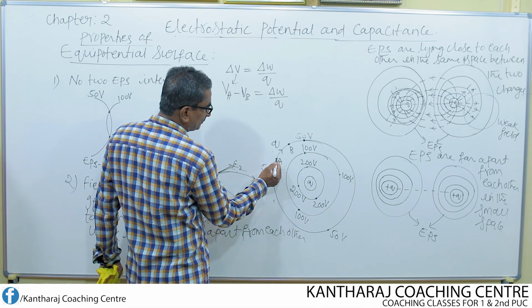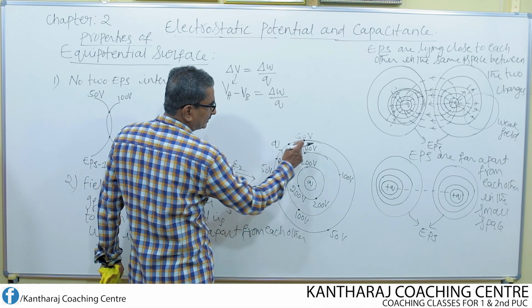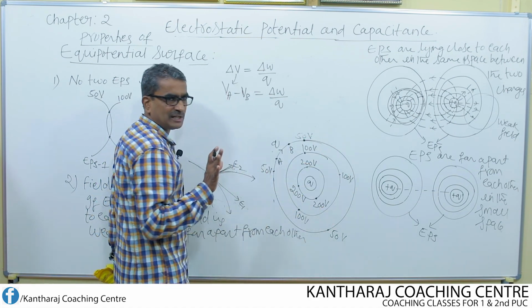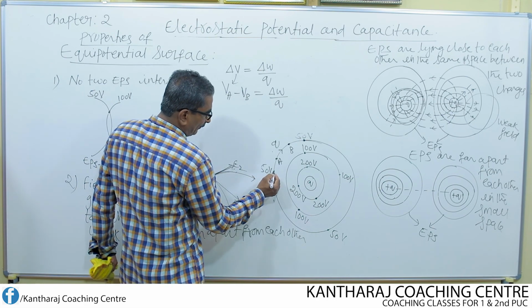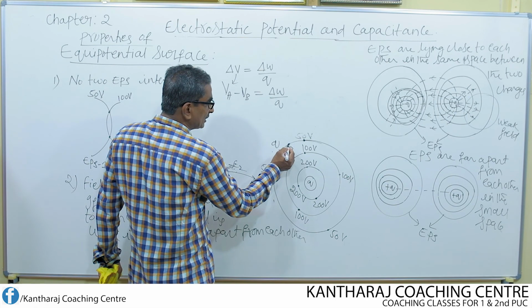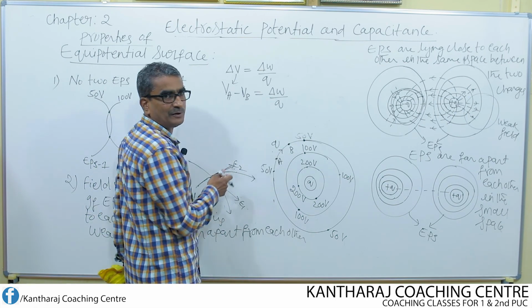What is the potential at this point? It should be 50 volt, because on this equipotential surface at any point the potential remains the same. So here if it is 50 volt, here also it must be equal to 50 volt. What about the potential at B? Here also once again it is equal to 50 volt.